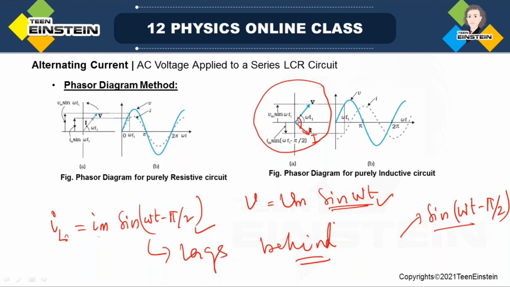This is what we have to remember: in the case of an inductive circuit, the applied voltage and current have a phase difference of 90 degrees, and the current is lagging behind the voltage.